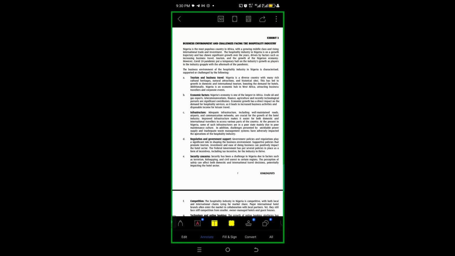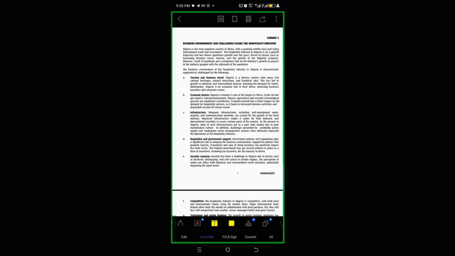A, tourism and business travel. Nigeria is a diverse country with many rich cultural heritage, natural attractions, and historical sites. This has led to growth in domestic and international tourism, boosting the demand for hotels. Additionally, Nigeria is an economic hub in West Africa, attracting business travelers and corporate events.